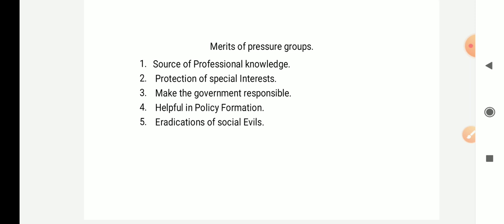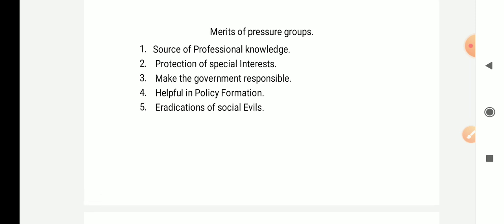Helpful in policy formation. These pressure groups are also helpful in policy formulation. They render needful help to the government when any information is sought from them, and this helps in policy formation. Then eradication of social evils.